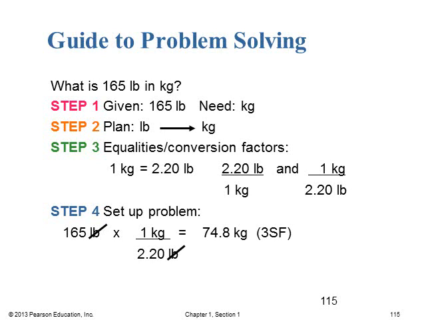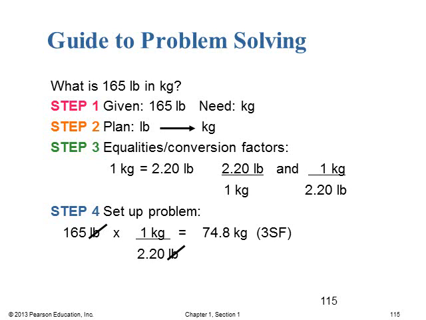All right, so here we'll do another example. What is 165 pounds in kilograms? This is a nice simple one-step problem. We're given 165 pounds. We need to go from pounds to kilograms. There's no additional steps there. So we use the equality of 1 kilogram is equal to 2.2 pounds.